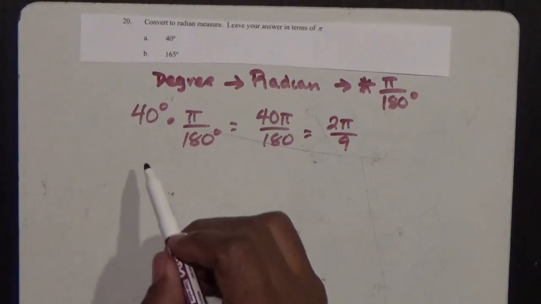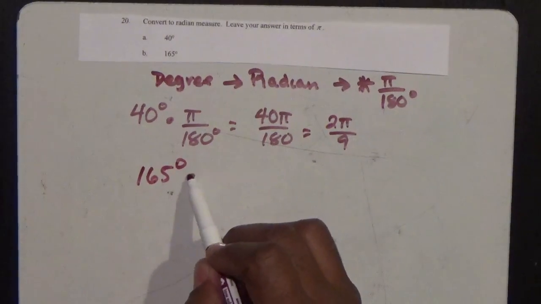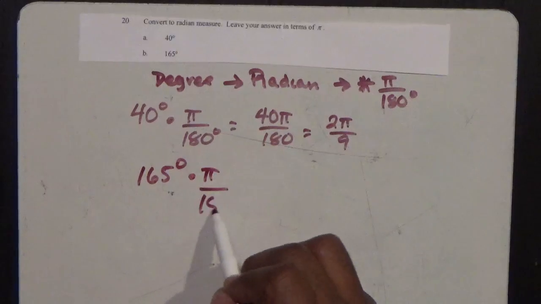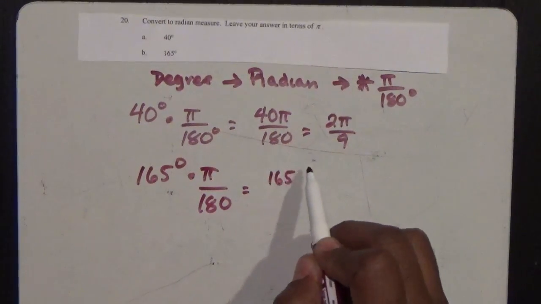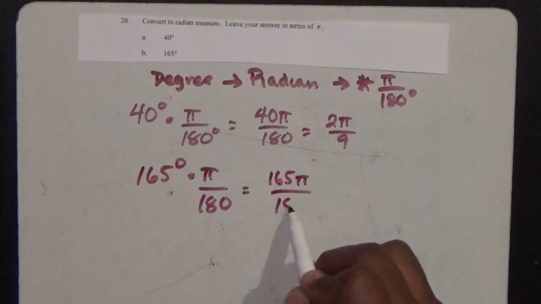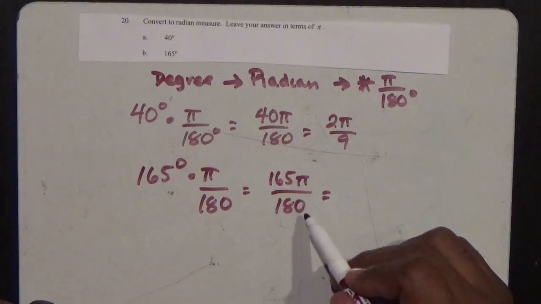The next one, 165. We want to go times pi over 180. Again, that's 165 pi over 180. I know it's divisible by 5.